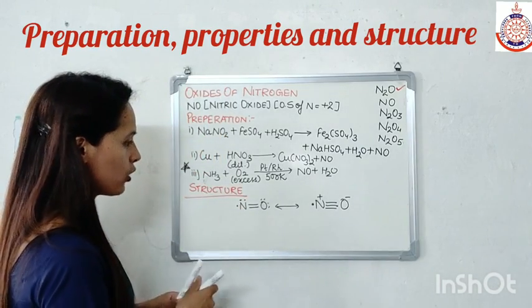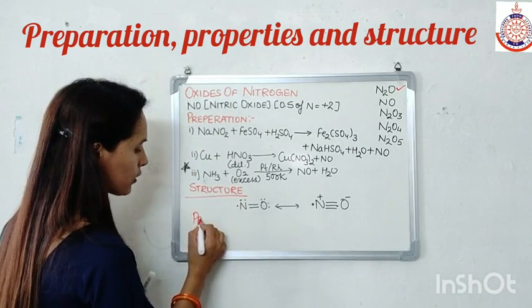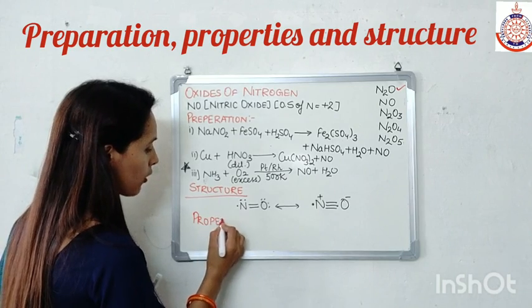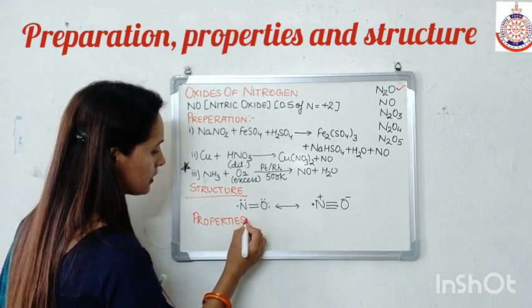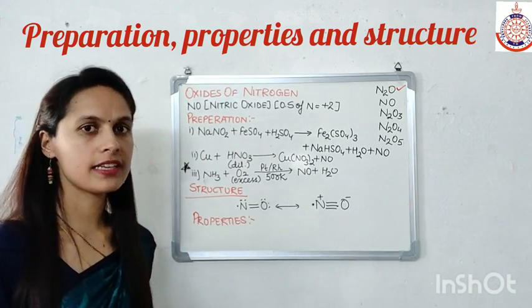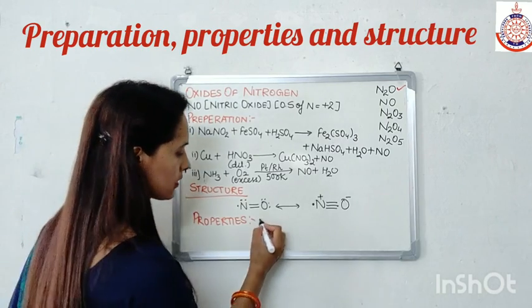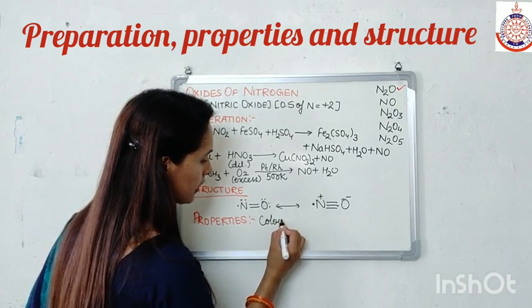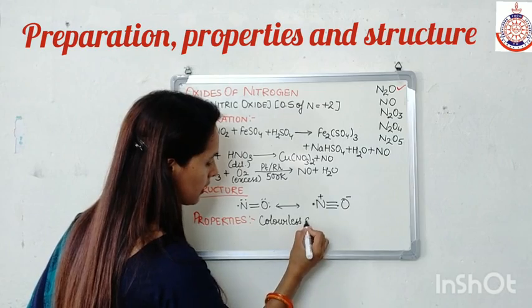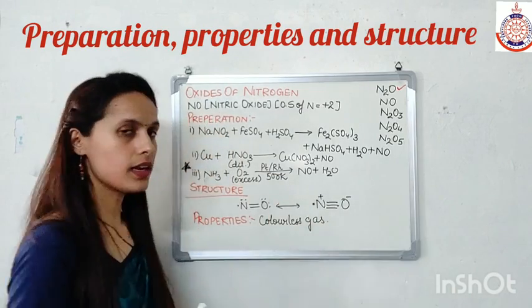Now, if I talk about the properties, first of all, this nitric oxide is a colorless gas. Clear?